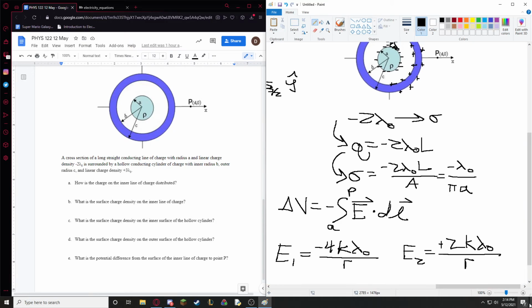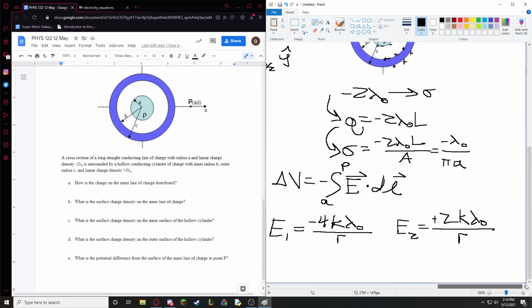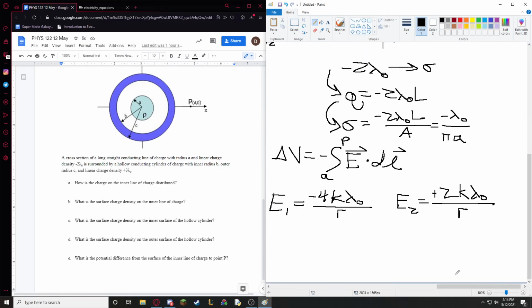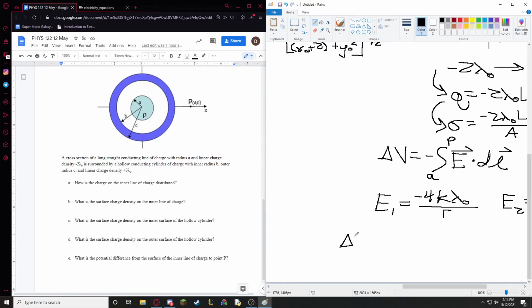So then our total potential difference, go ahead and expand this downward. We're going to add up our integrals for E1 and E2.